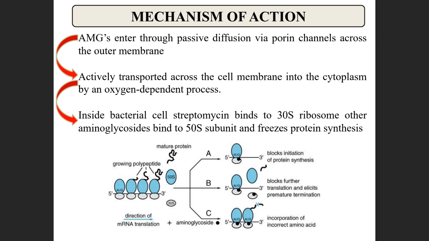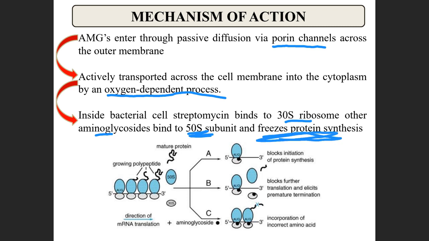Here it goes in by a porin channel, crosses, and goes inside the cell, and is transported across the cell membrane in the cytoplasm by an oxygen-dependent process. Inside the bacterial cell, streptomycin binds to the 30S ribosome, and the other aminoglycosides bind to the 50S ribosome subunit and freeze protein synthesis.